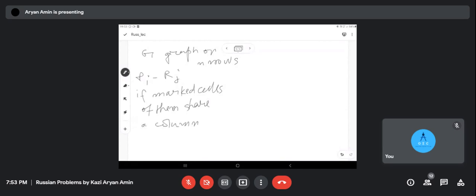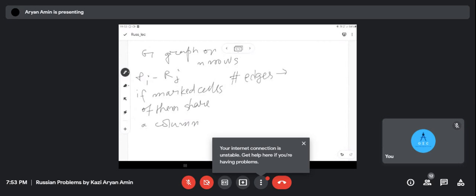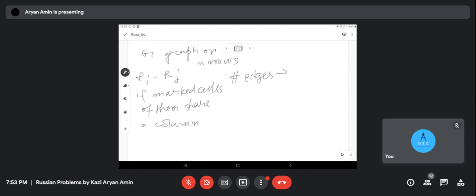So what is the number of edges in this graph in terms of, say, Ci? Can someone answer? Just, what is the number of edges in the graph G we defined, in terms of Ci, anyone?